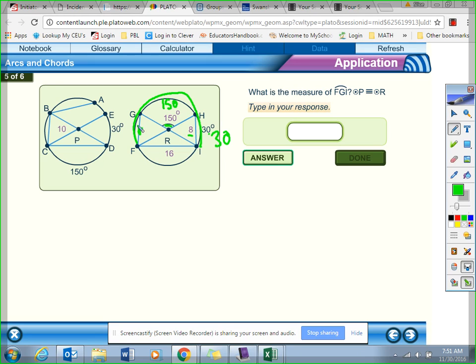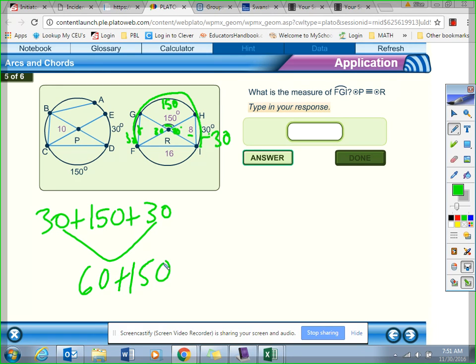But it's actually not because of the segments, it's because the 30 degrees is the same thing as this central angle is 30 degrees. And then this is 30 degrees. And so this arc is 30 degrees. So all I'm doing is adding 30 plus 150 plus 30. Well, we know 30 and 30 is 60, plus 150 should give us 210.